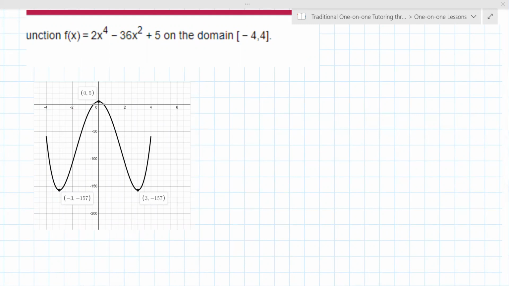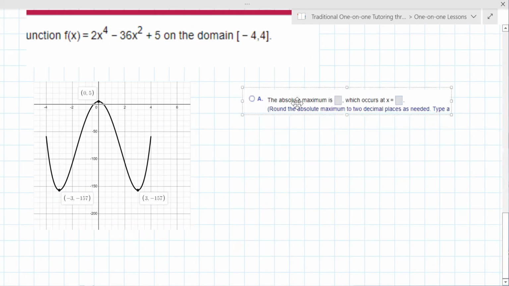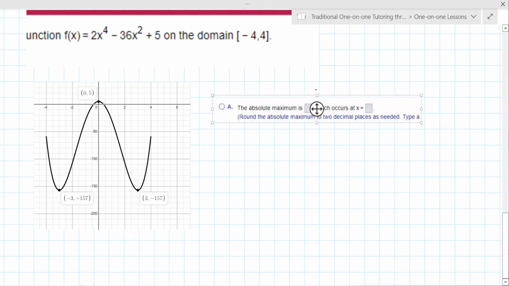So in terms of how to answer it, again, the absolute max occurs. Maximum is 5, so it's the y value at this point, and it occurs when x is 0. And then similarly, no rounding needed for that one. Similarly, the min.